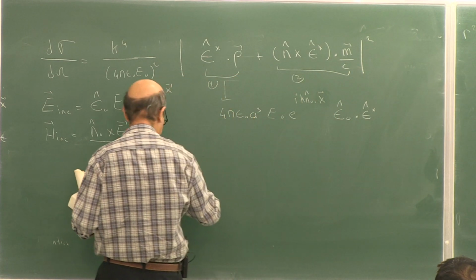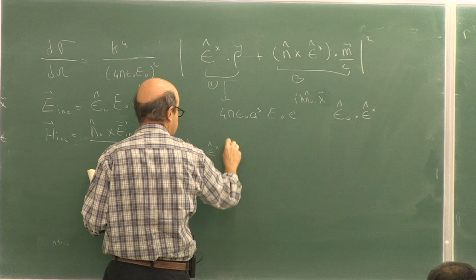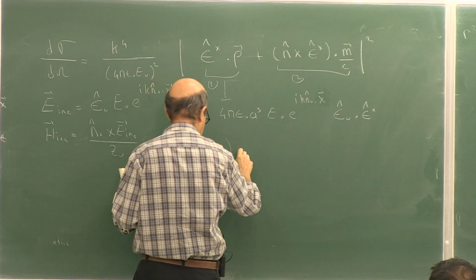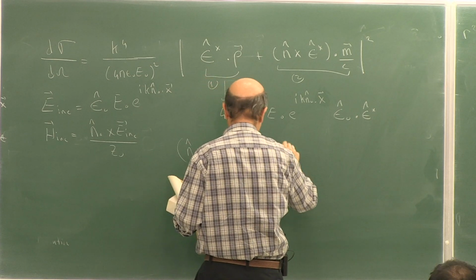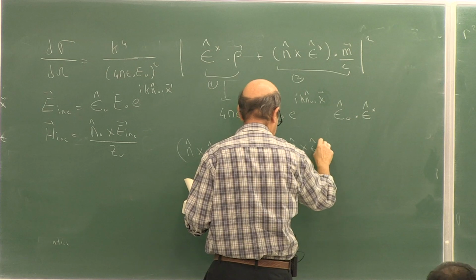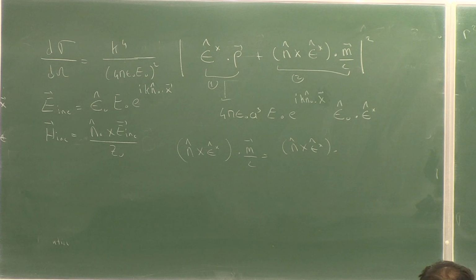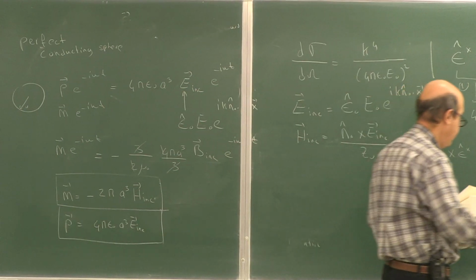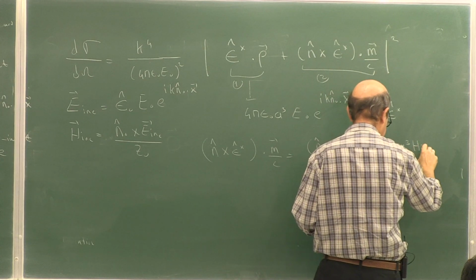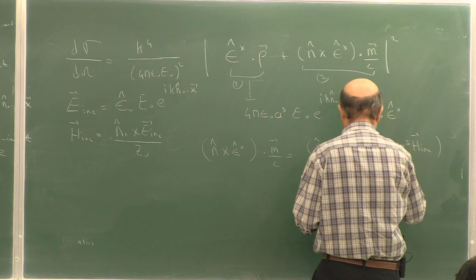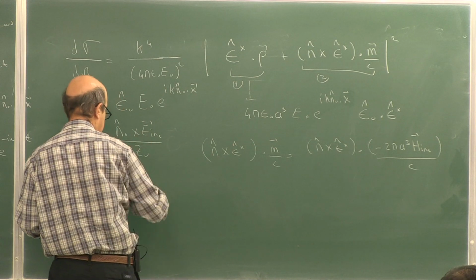For the second term, n cross epsilon complex conjugate dot m over c is equal to n cross epsilon complex conjugate dot m, which is nothing but minus 2 pi a cube H incident over c, and H incident is nothing but n0 cross E incident.